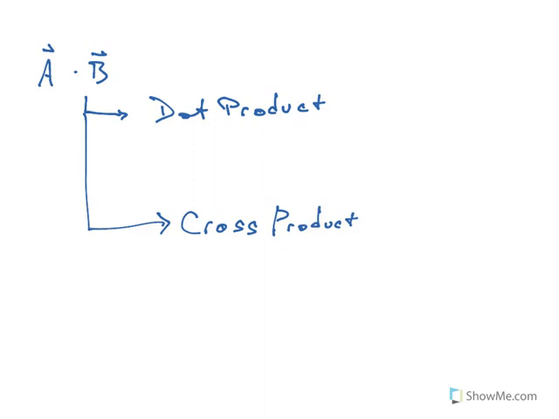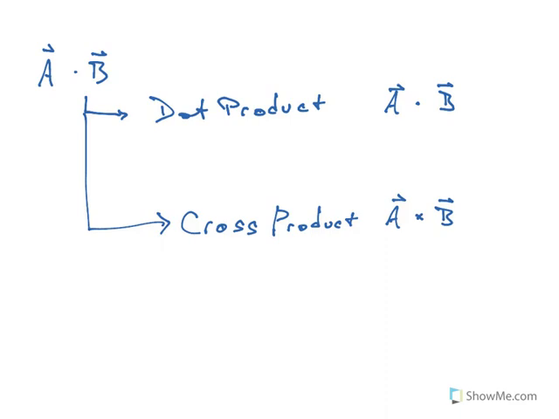The way they're written, dot product is A vector dot B vector. Cross product is A vector x B vector, or cross. They say cross, but you write it like a little x.